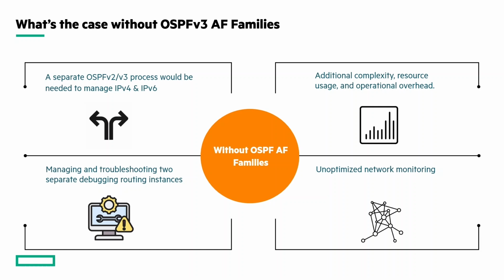The next would be additional complexity, resource usage and operational overhead. Following this is managing and troubleshooting two separate routing instances, which can be troublesome. And finally, it's the unoptimized network monitoring. So these are the problems without OSPFv3 address families.